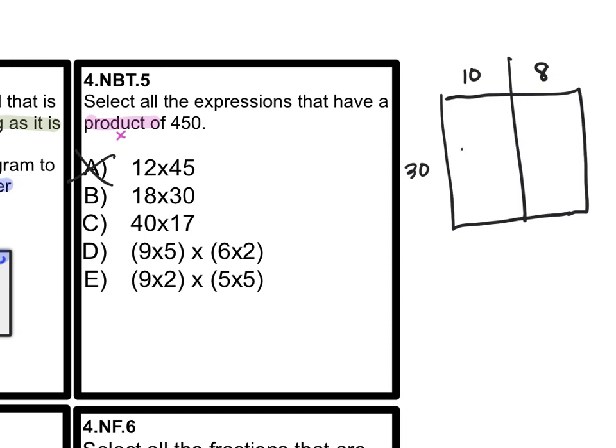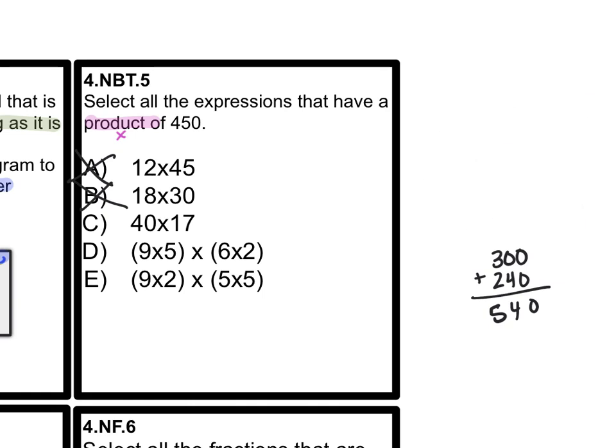So 30 times 10 is 300. And 30 times 8, or 3 times 8, is 24 with 1 0 at the end. So to figure out if this equals 450, I'm going to add up that 300 plus 240. And I see that I get 540, which if we flip those numbers around, it'd be correct. However, not an option because it does not equal 450.